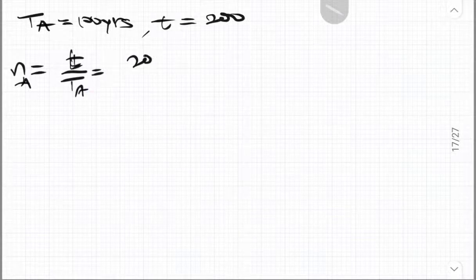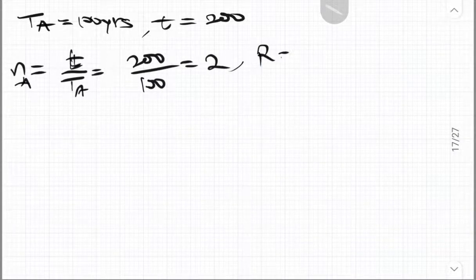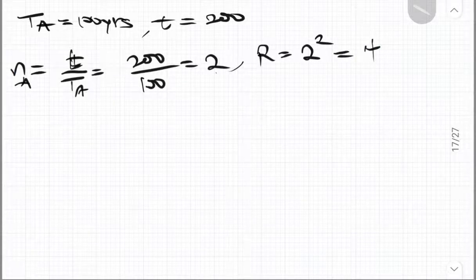So we have 200 over 100, which is 2, right? So R for A is 2 to the nth power, where n is 2 in this case. So we have 4 in this case.